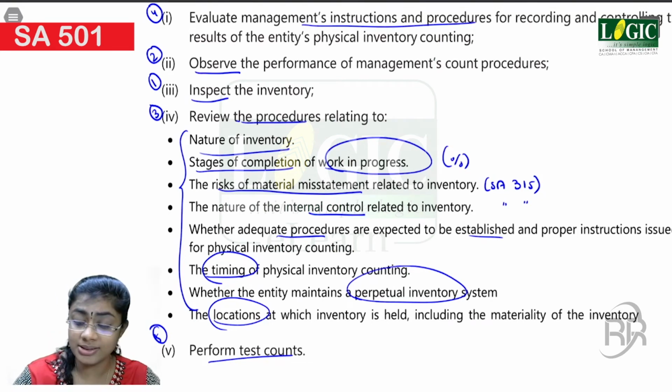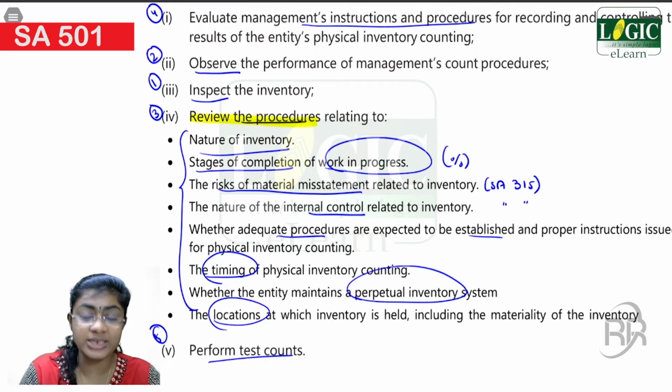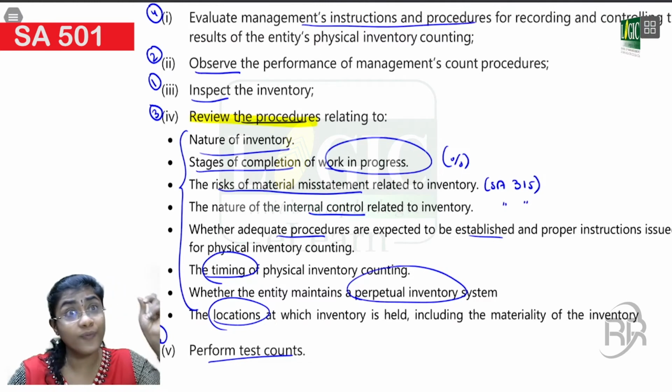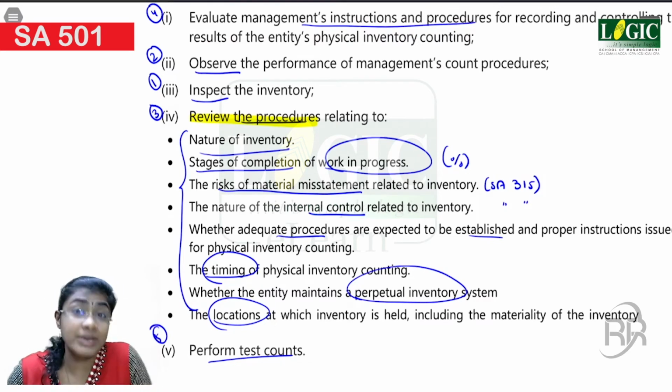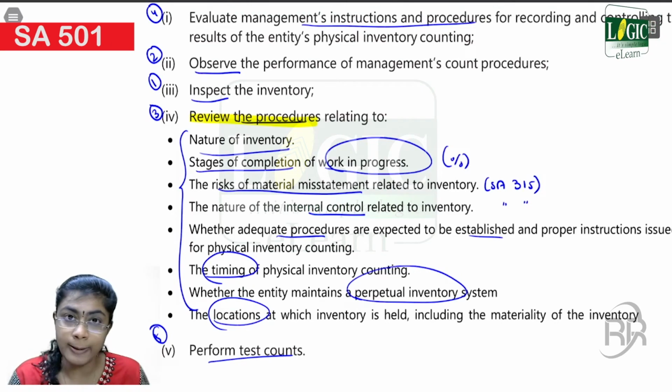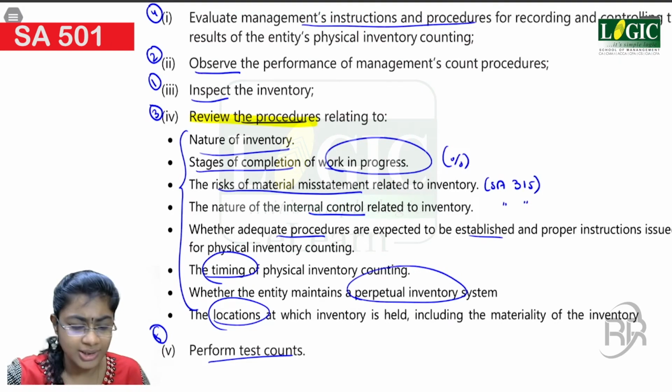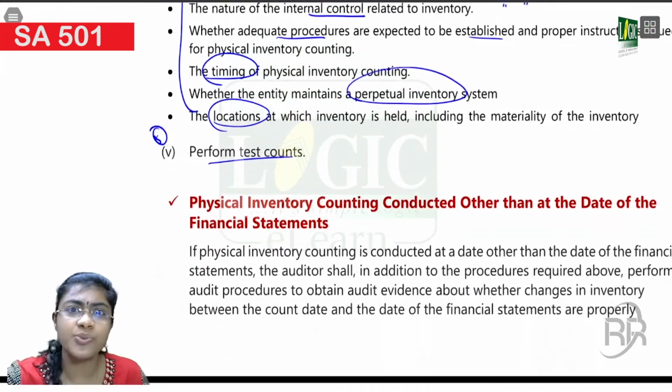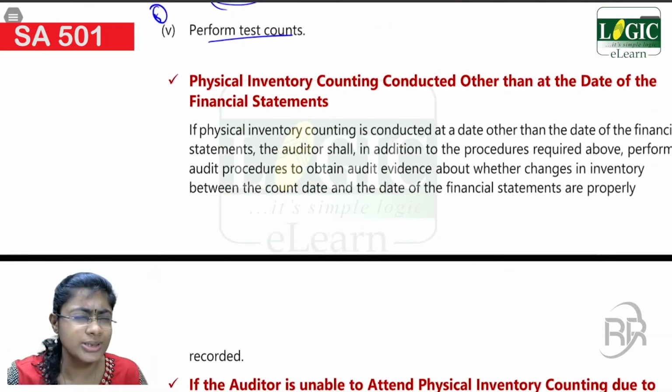Nothing but this is the expansion of the procedures of the management which they have established, which the auditor should review. Clear? Rest of the things is the same as we have discussed. I'll just run through.